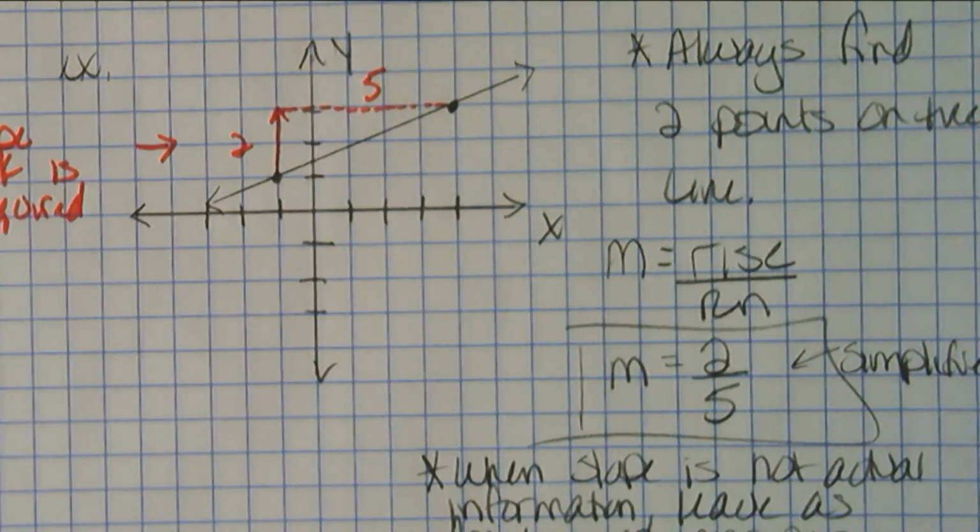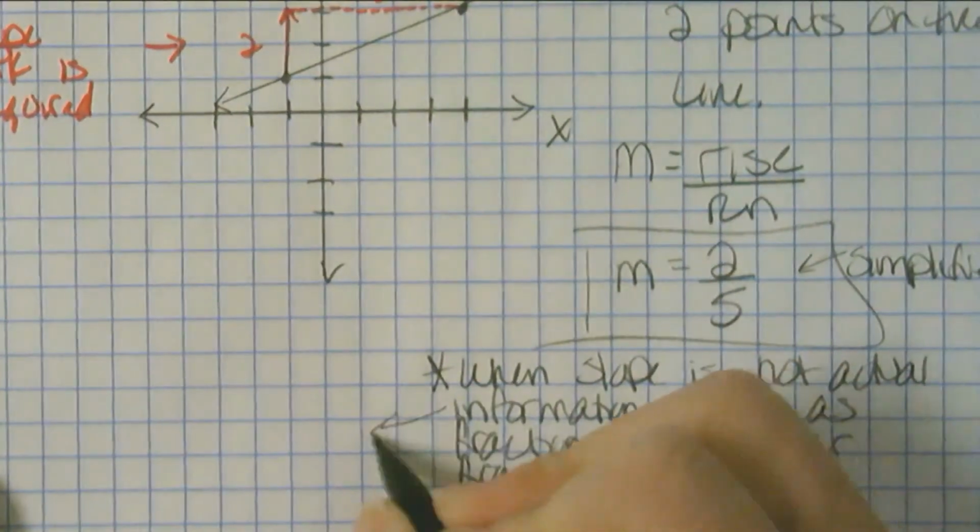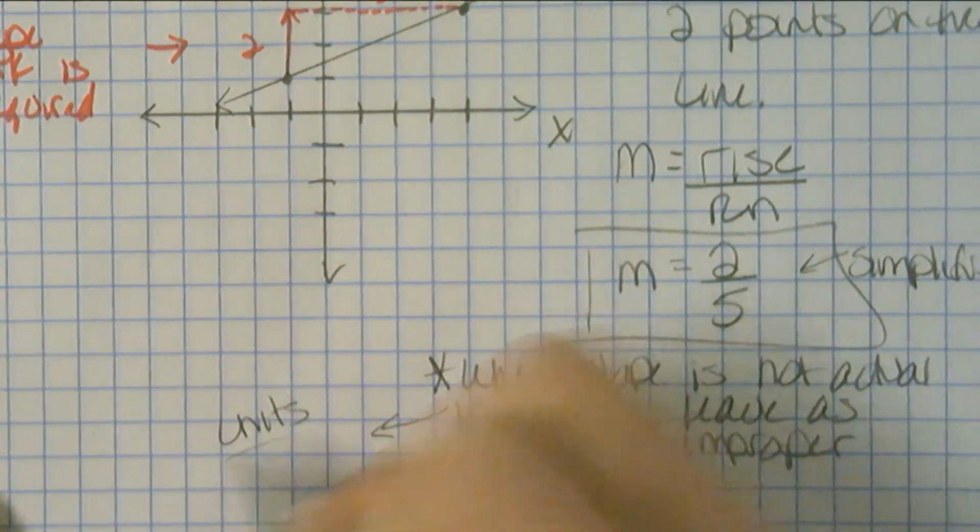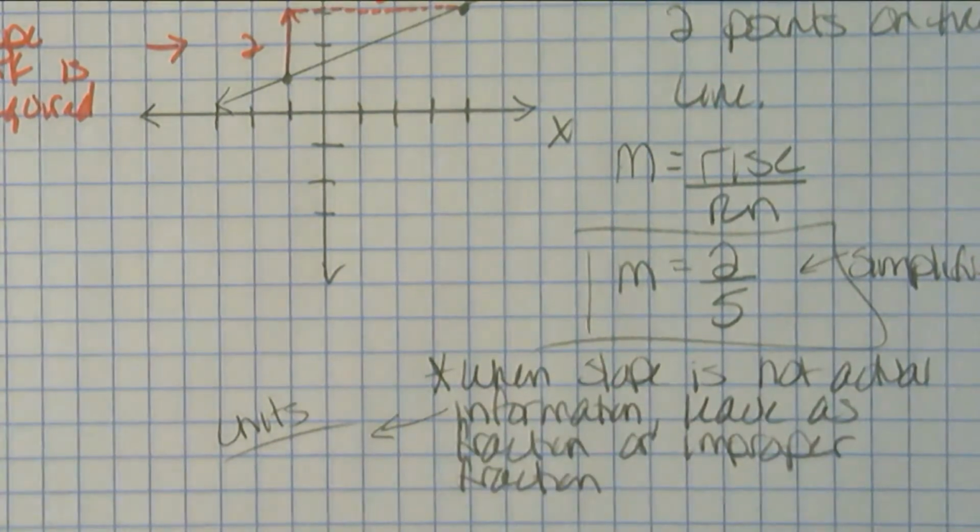Okay, so there's no units on this. So I guess when it comes to info, I mean units. Like there's no feet or inches or anything. They're just regular numbers with no information on them. No units on them. Does that make sense? Yeah. That's what I'm talking about. Do you know what I mean? Okay, so that's what I mean by no info.